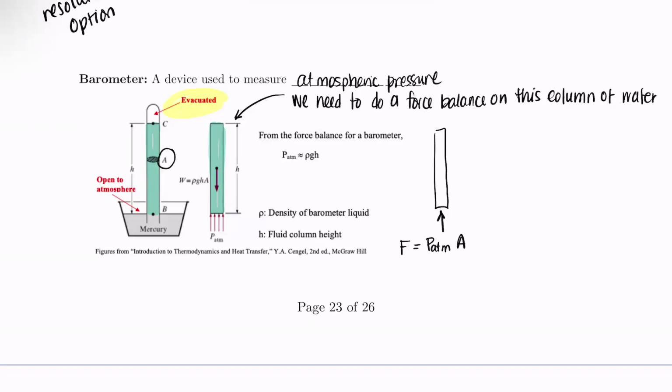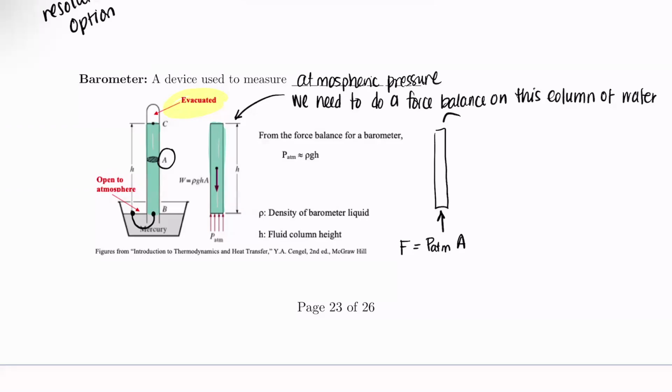The reason that we can say that this is atmospheric pressure is because we have atmospheric pressure at the surface of this water in our dish. And then at the same height through the same liquid, we get to the pressure at the bottom of this column. So we know that the pressures must be equal. So we have atmospheric pressure at the bottom of this column.